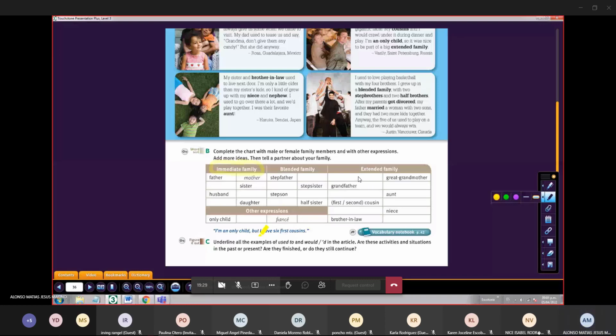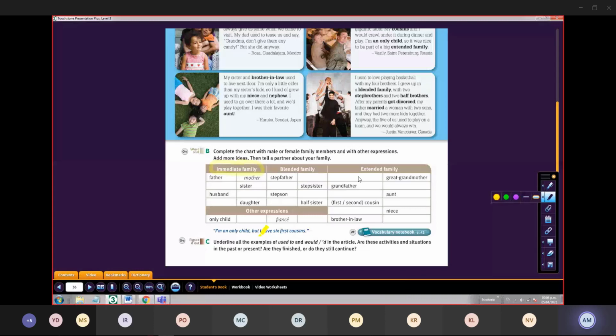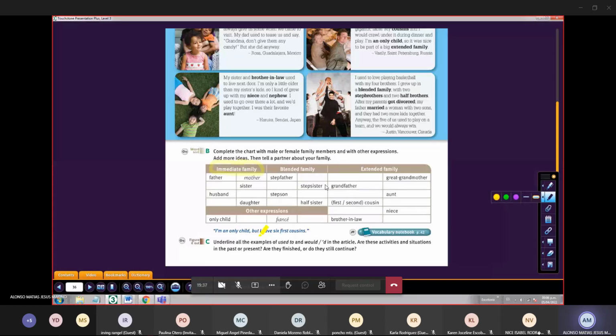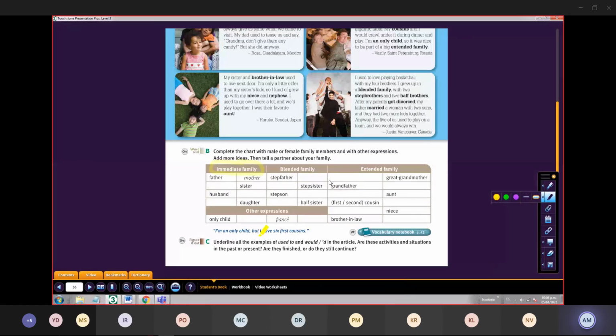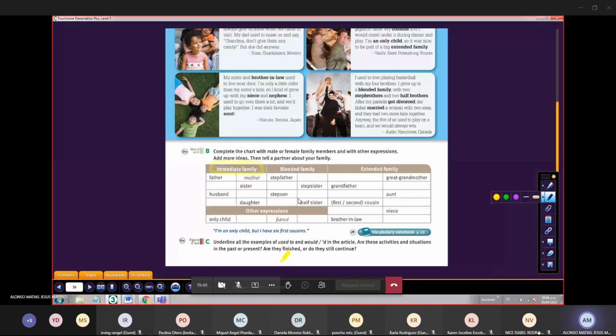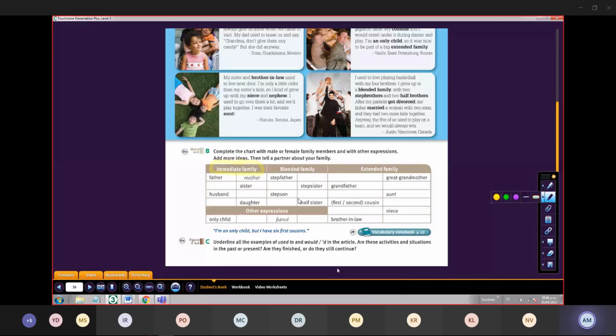C. Underline all the examples of used to and would in the article. Are these activities and situations in the past or present? Are they finished or do they still continue?